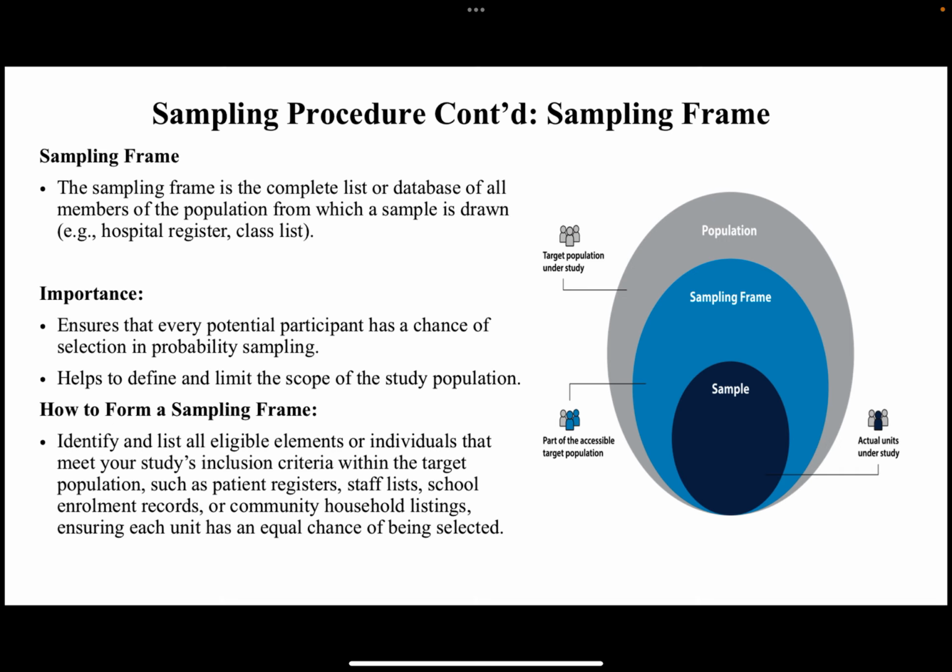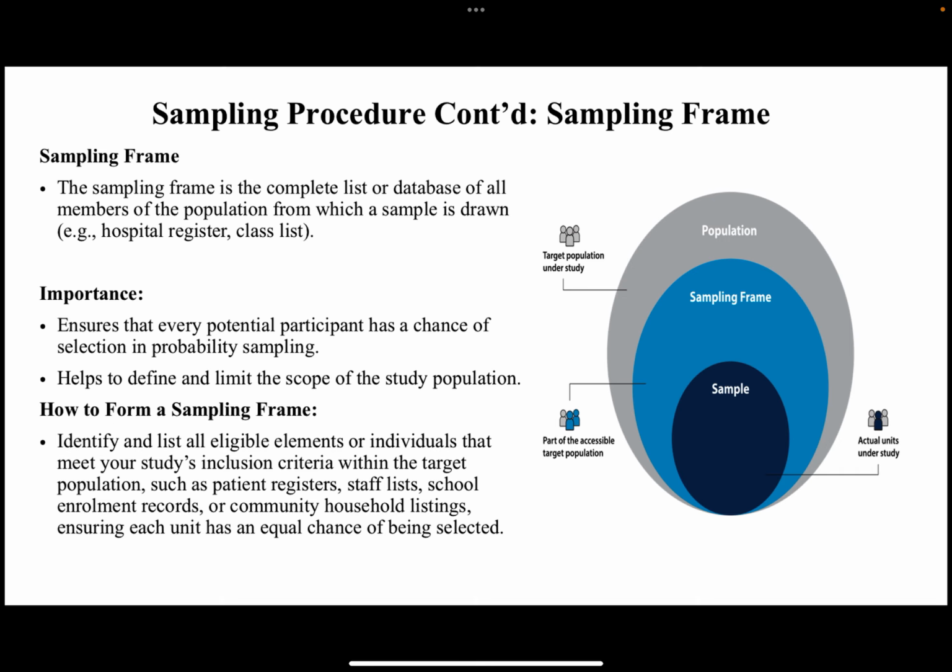Now, how can you form a sampling frame in research? What steps can you observe to form a sampling frame? First of all, clearly define your target population. Secondly, apply your inclusion and exclusion criteria.